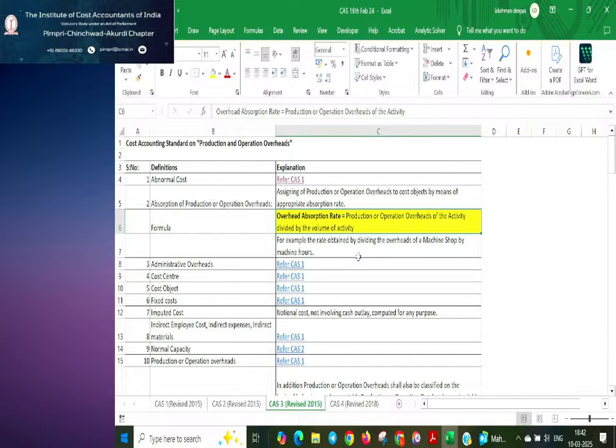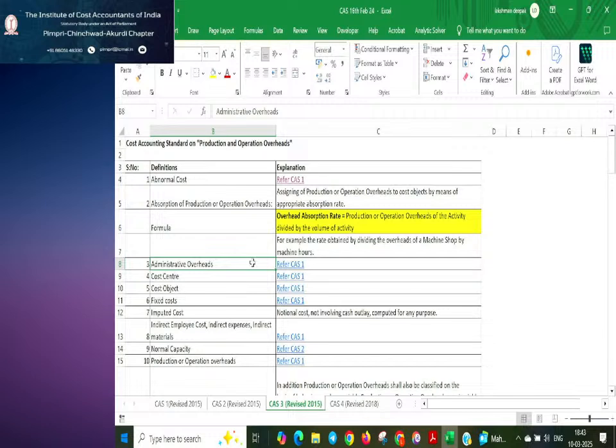That becomes the absorption rate. For example, the rate obtained by dividing the overheads of a machine shop by the number of machine hours for which the machine is actually running will give you the overhead absorption rate per machine hour. Got it? This is an important formula that you have got to remember. This is the formula given by the cost accounting standard.